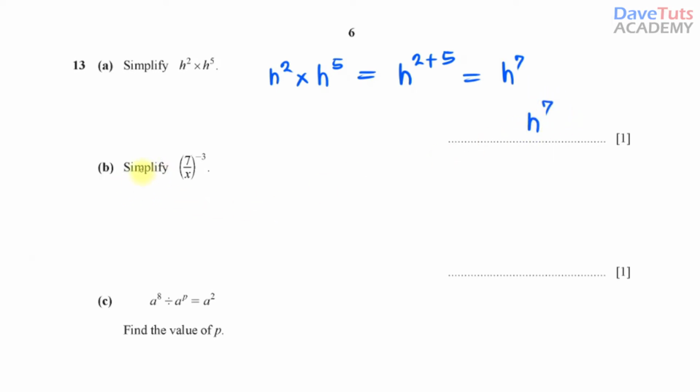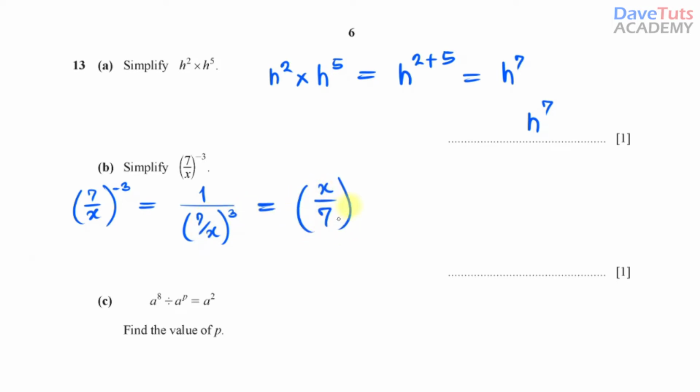In this particular case, we have this expression to simplify. And if you have 7 over x to the power of minus 3, this is inherently saying we have 1 over 7 divided by x to the power of 3, okay? And 1 divided by any number will mean 1 multiplied by the reverse of that fraction. So here, this will be nothing but x over 7 to the power of 3.